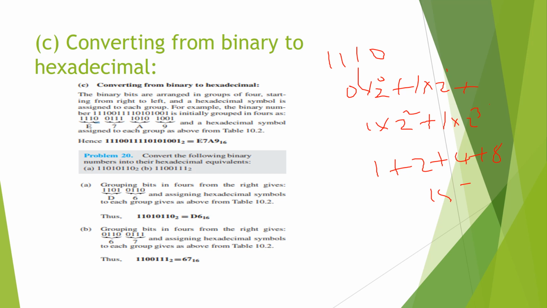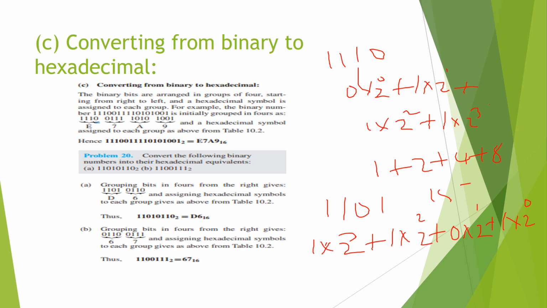So let us convert the other one, which is 1101. This one is 1 times 2 raised to power 3, because this is 2 raised to power 0, 2 raised to power 1, 2 raised to power 2, 2 raised to power 3. Then plus 1 times 2 raised to power 2, then plus 0 times 2 raised to power 1, then plus 1 times 2 raised to power 0.